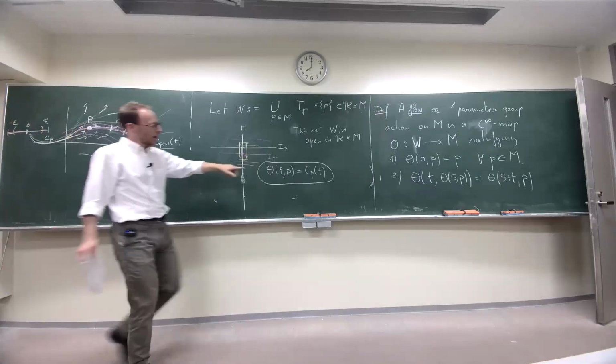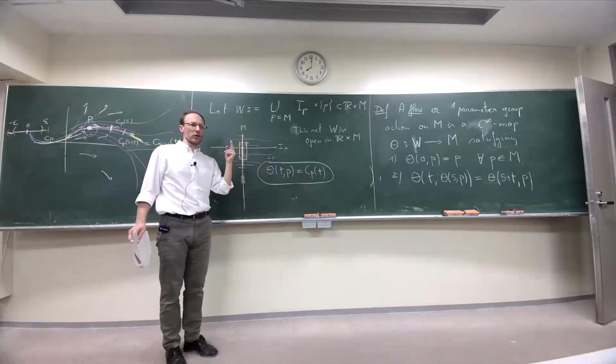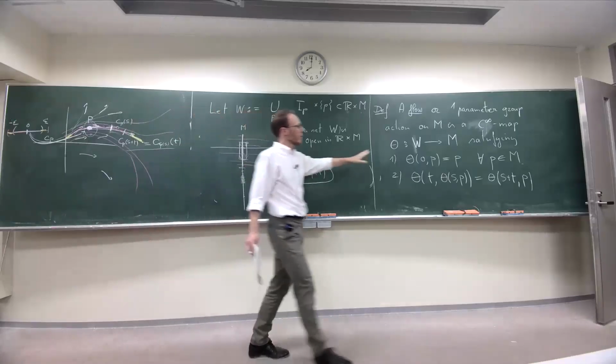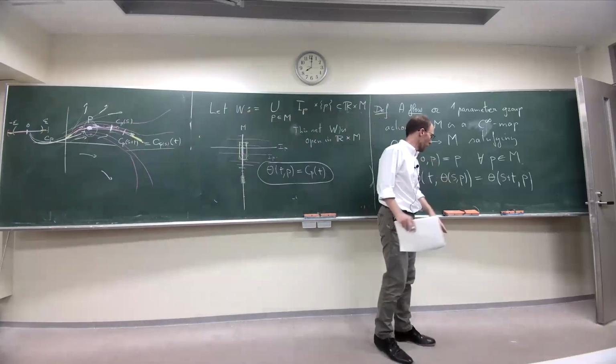I want to have the time, but also precisely this dependence on P, to be able to change. So instead of having this dependence as an index, I define a function of two variables, one variable which is a time, and the second variable which is a point on the manifold.